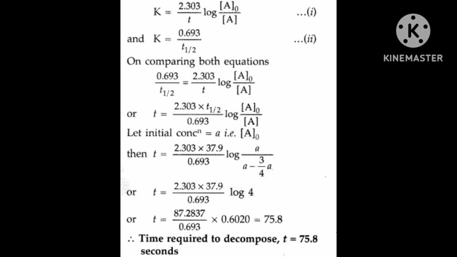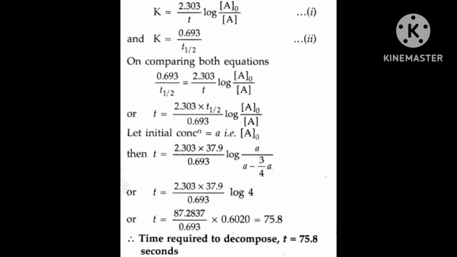Total pressure, PT, is equal to the pressure of A plus the pressure of B plus the pressure of C. That is the total pressure, the pressure of all three gases, A, B and C: PT equals PA plus PB plus PC.